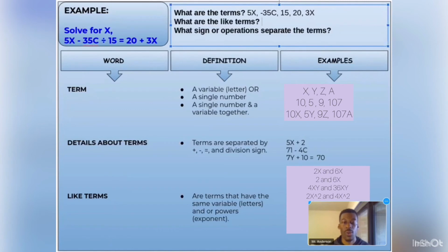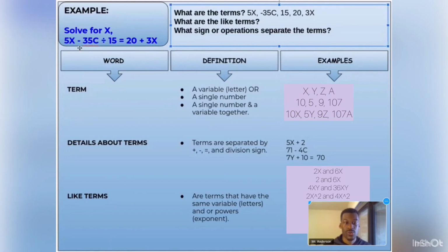Okay? What are the like terms? Well, let's look at what has a letter behind it. Well, 5x has a letter behind it. Negative 35c has a letter behind it. And we know that letters are also called variables. And then 3x has a letter behind it.